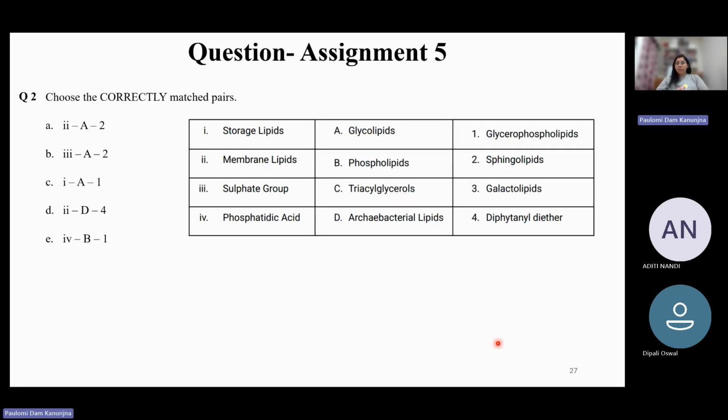This second column tells you about the type or name that is given to them: glycolipid, phospholipids, TAGs or archaebacterial lipids. And on the extreme right, 1, 2, 3, 4, you have the specific names for these types of substitution. Let's say glycolipids, you have this group, what name does that particular lipid get? You need to look into the combinations that are given to you and give me the correct ones.